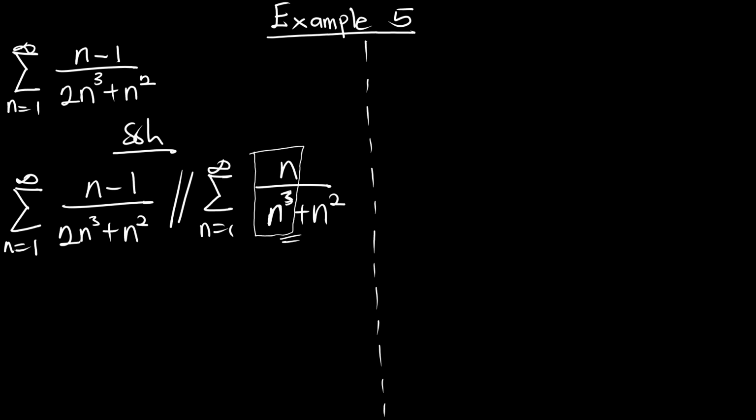Are we good? It's large as compared to n squared. So we can say that we are now comparing this whole series to the summation from n equal to 1 to infinity of n on n cubed. Is that it? Yes.